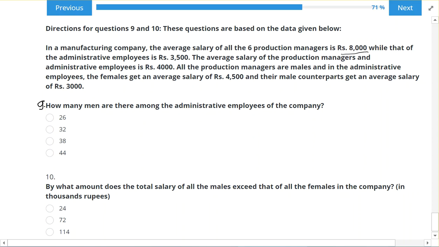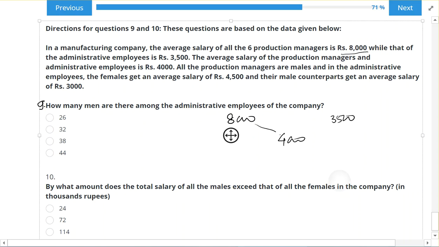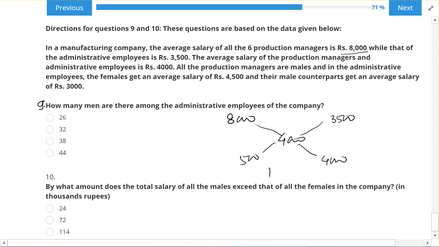In a manufacturing company, the average salary of all the 6 production managers is 8,000, while that of the administrative employees is 3,500. The average salary of production and administrative employees together is 4,000. So it is 1:8.